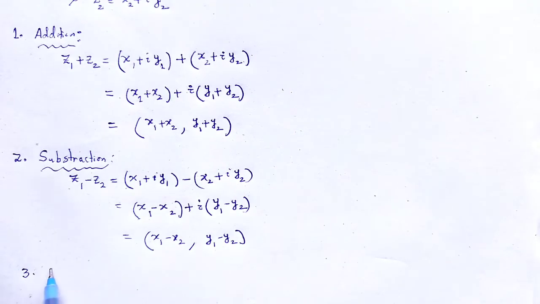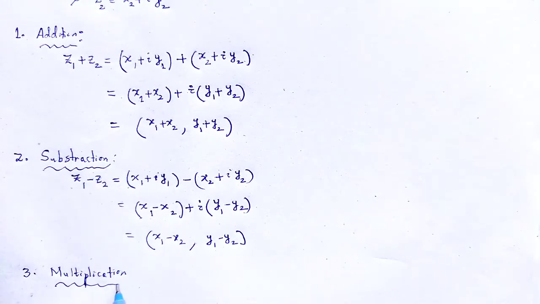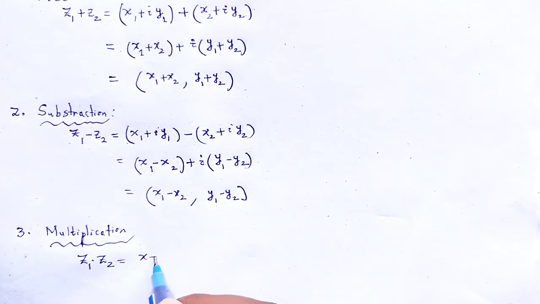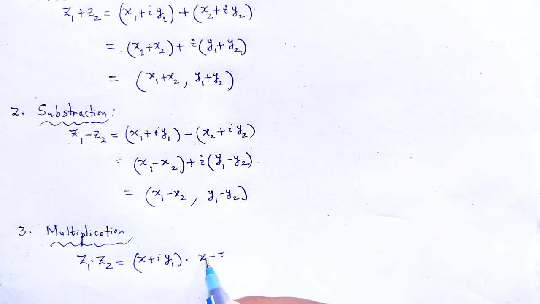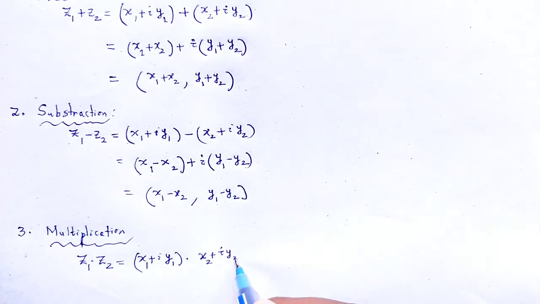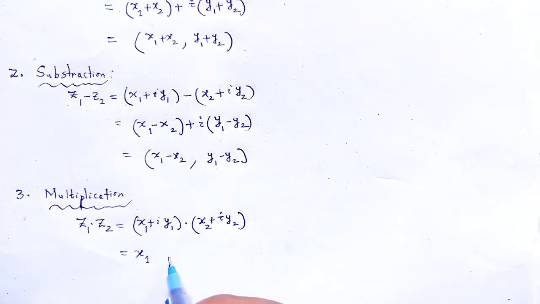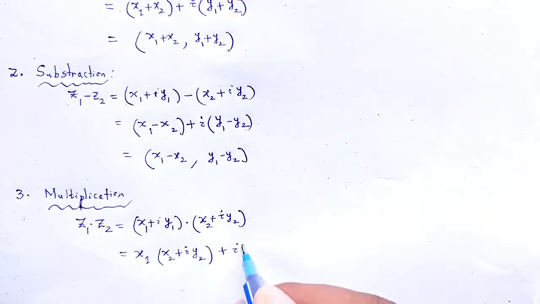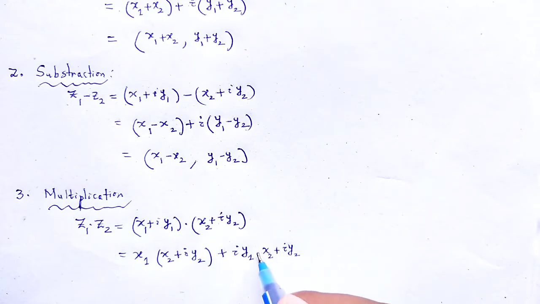Next, multiplication. z1 into z2: x1 plus i y1 into x2 plus i y2. First x1 is multiplied with the term x2 plus i y2, plus i y1 is multiplied with the term x2 plus i y2.